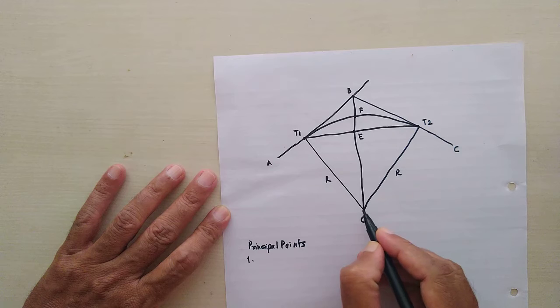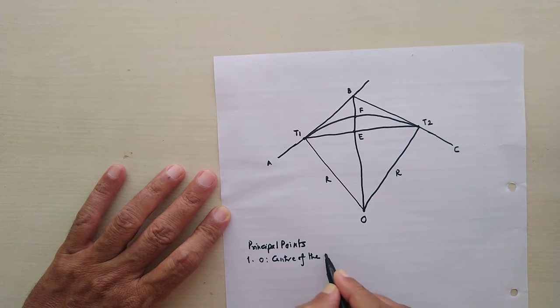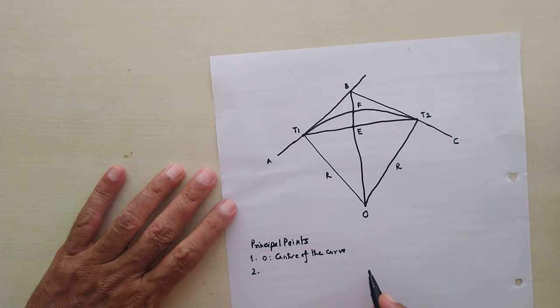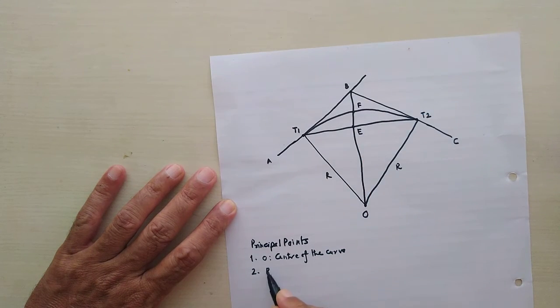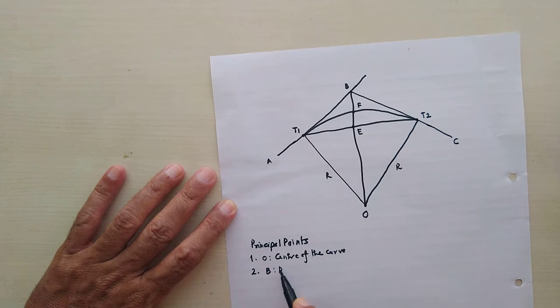First principal point is O, that is the center of the curve. Second principal point is the point of intersection B. This one, this is the point of intersection.